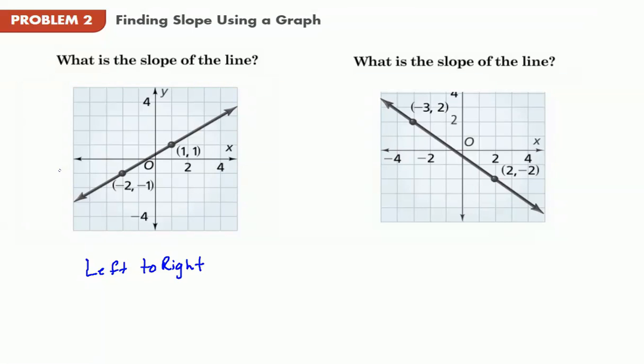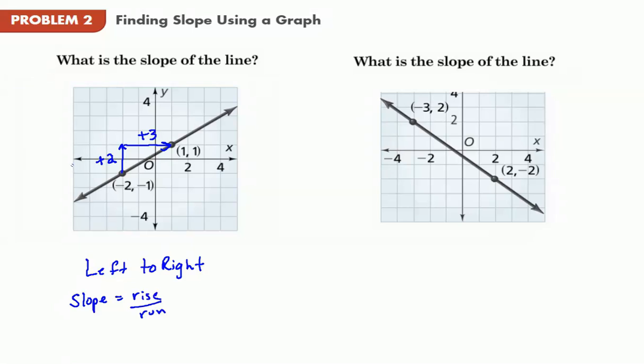So our first point, as we're going from left to right, is going to be this (-2, -1). And we want to go to this point at (1, 1). To get to that point, you're going to need to go up 2 and 3 to the right. So our slope is rise over run.